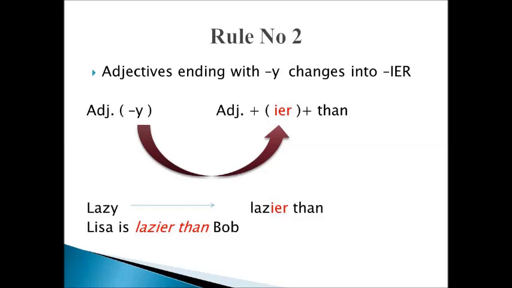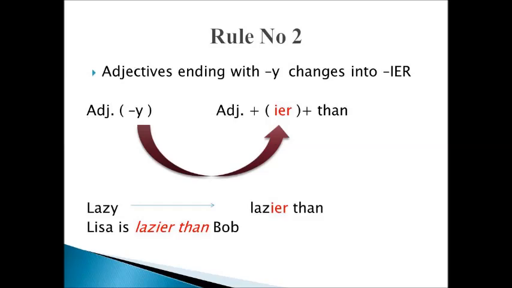We see that lazy has a y ending, so we remove the y and we add ier to it. The pattern remains the same. So we have lazier than. We add than for comparison. So Lisa is lazier than Bob.